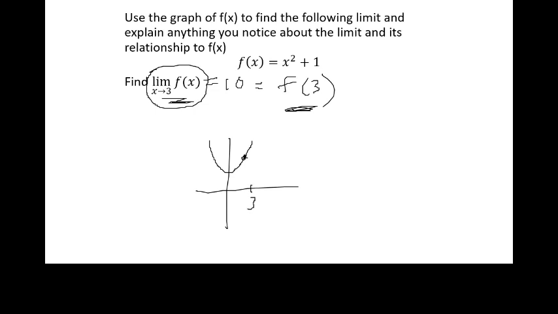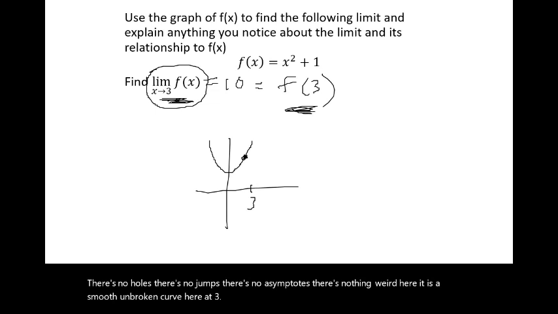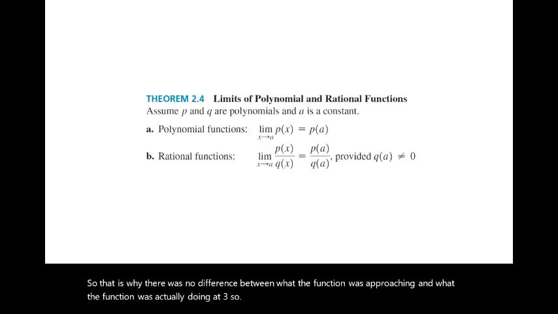There's no holes, no jumps, no asymptotes. It is a smooth, unbroken curve here at 3. So that is why there was no difference between what the function was approaching and what the function was actually doing at 3. So in a case like that, the limit equals the function's value.